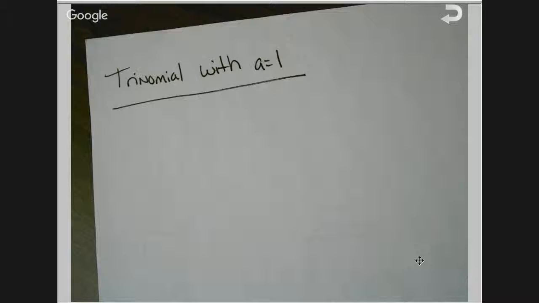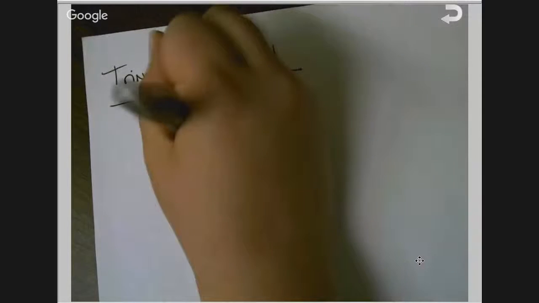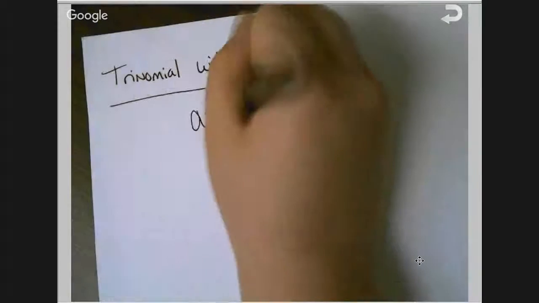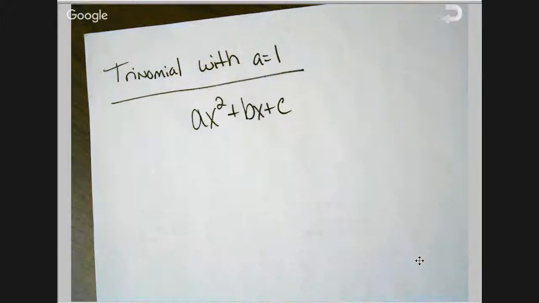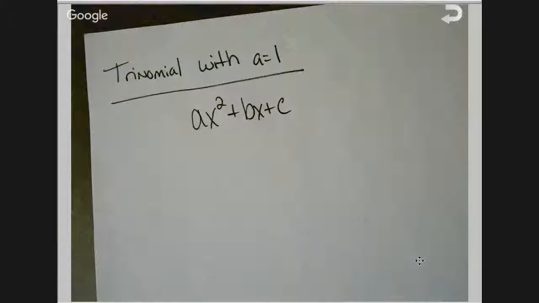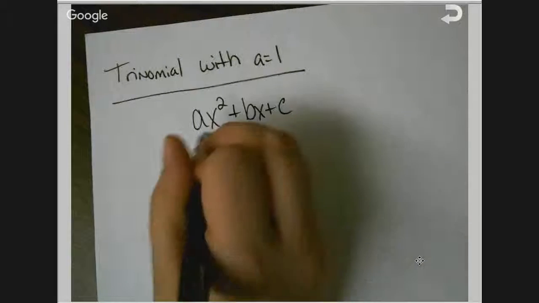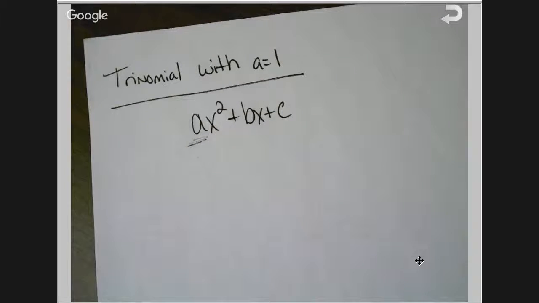Okay, so if we have a trinomial with A of 1, what I mean by A is you have that standard form, ax squared plus bx plus c. And so what I mean is in front of x squared, you would have an invisible 1 or a written 1.